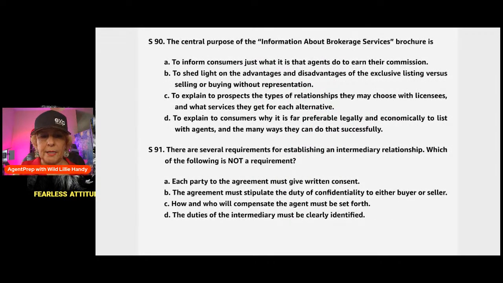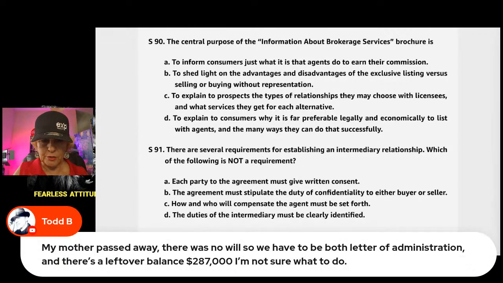Okay, number 90. Okay, so there's a question here. It says, my mother passed away. There was no will, so we have to be both letter of administration and there's a leftover balance. I'm not sure what to do. What you do is go talk to an attorney, okay? Not ask somebody like me or another realtor.